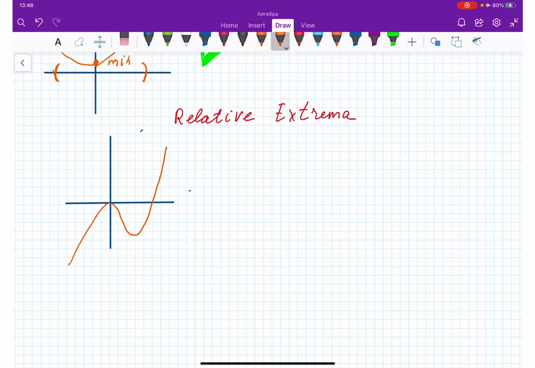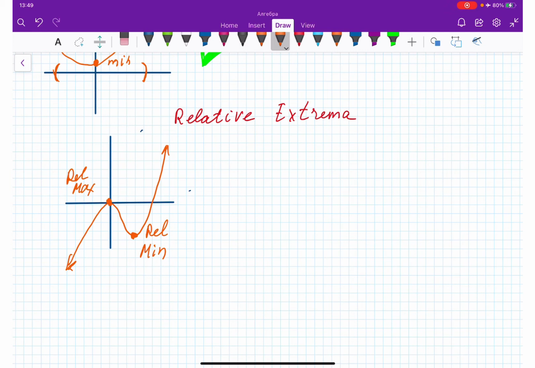There is no interval. It's a graph that's running to infinity, positive infinity and negative infinity, correct? In such a case, we are dealing with relative maximum, and we are dealing with relative minimum. So it's kind of a hill and a valley.